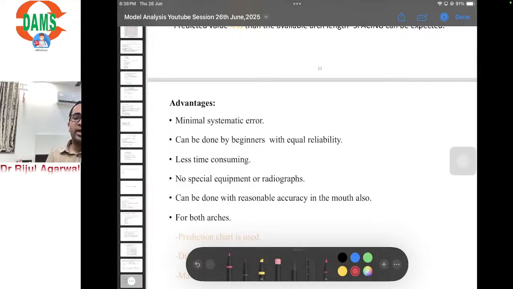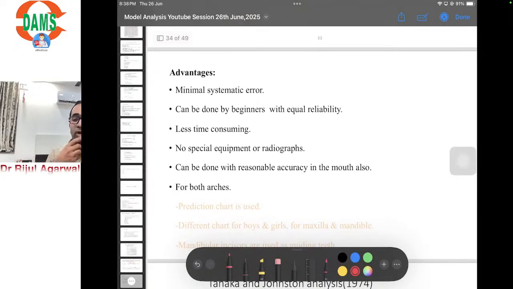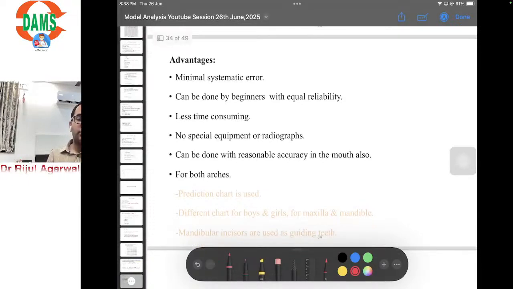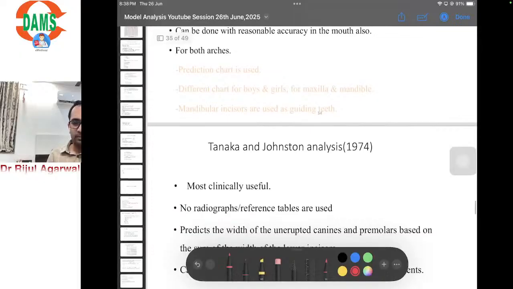It can be done by anyone, beginners equally. You can even train your assistant to do this. It is very less time consuming, and you don't require any equipment or radiograph. It can be done in the mouth as well, you don't even need a study model. And we have prediction charts for both maxilla and mandible, different for males and females, and incisors are used. As I said, these are the first to erupt.